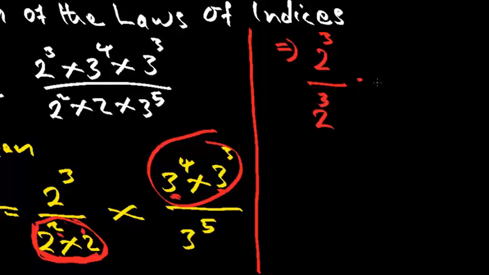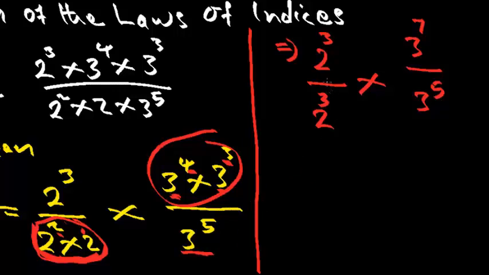Then we bring our multiplication, then we have 3, then we add the exponent 4 and that of the 3, that will be 7. Then we have 3 exponent 5, that is the denominator, which is here.